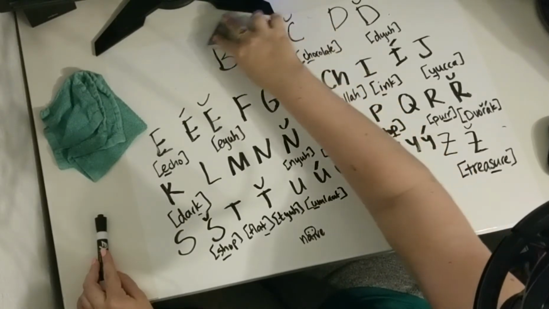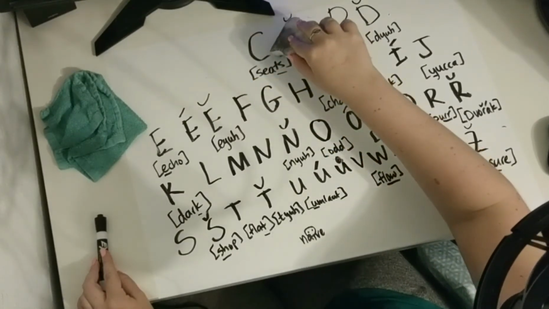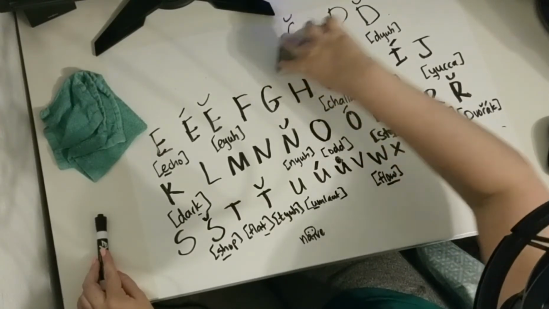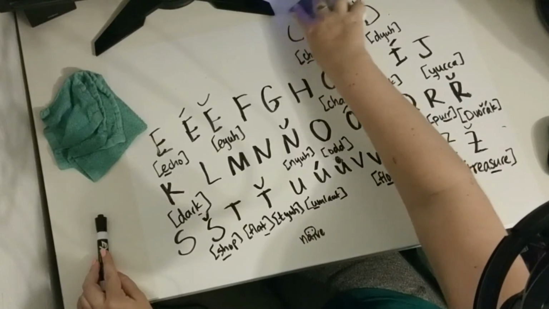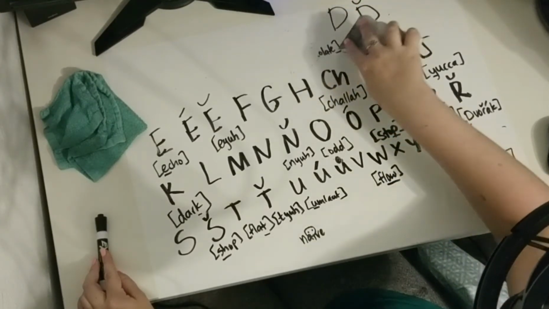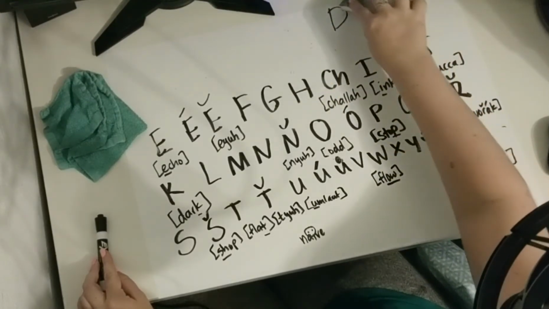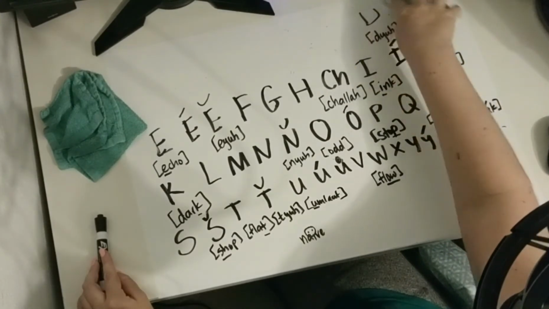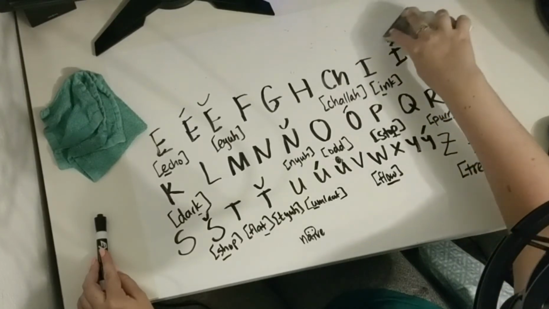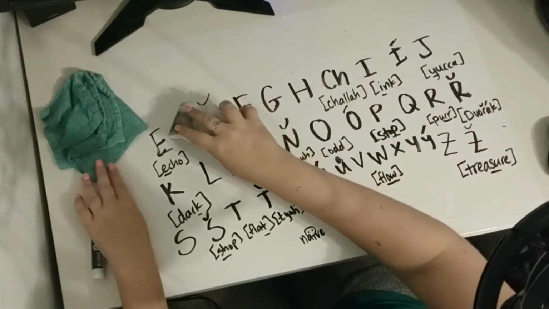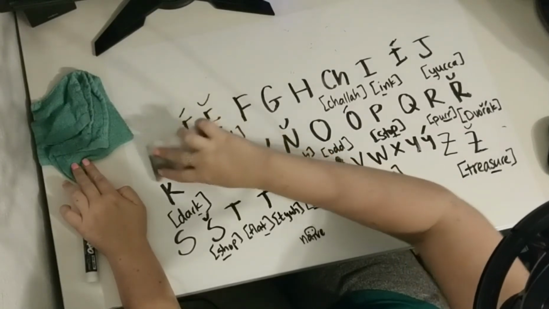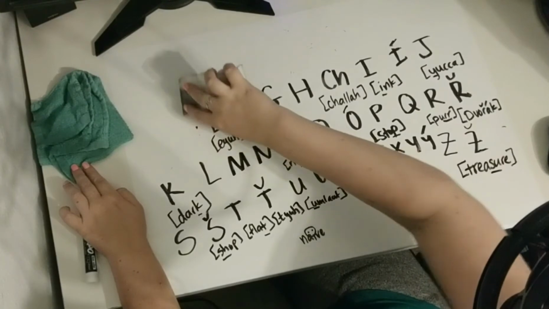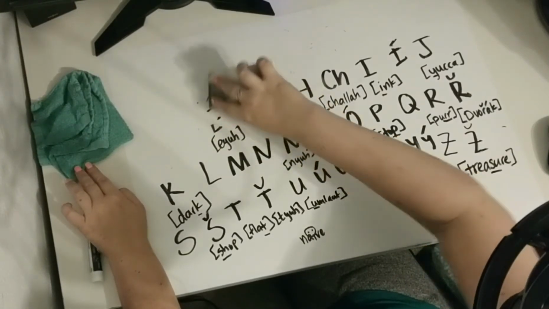B, C, Č, like Czech Republic, like Czechia. D, D sound, D, dia, dia. E, yeah.